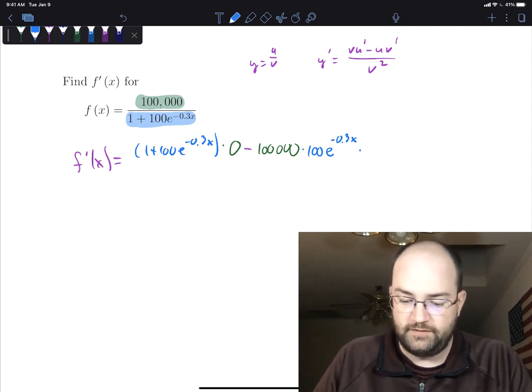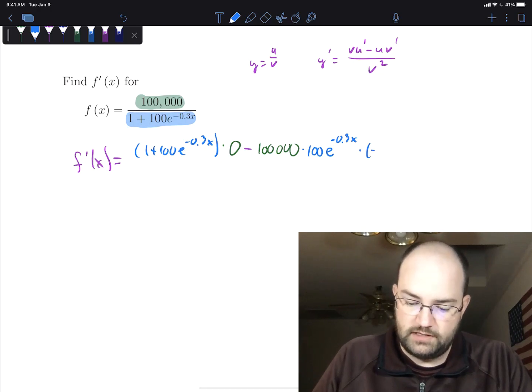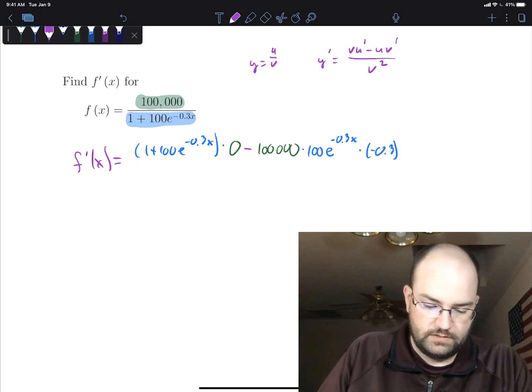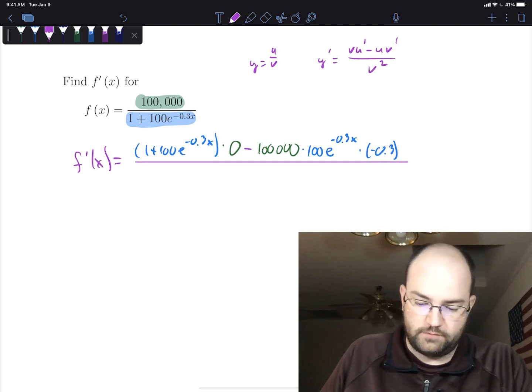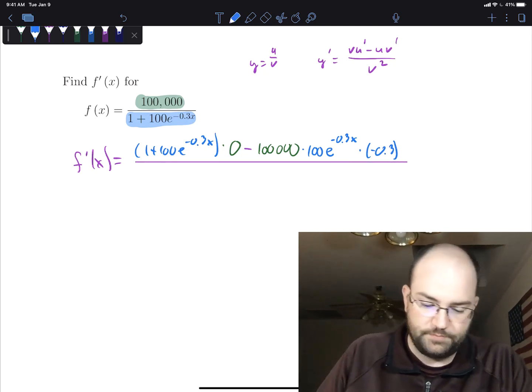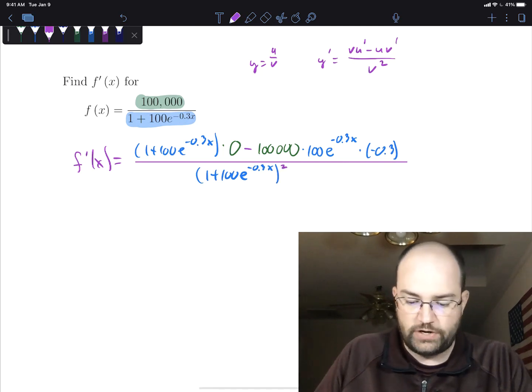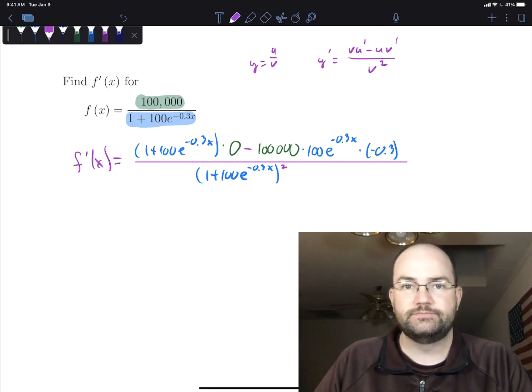The derivative of the exponent would be negative 0.3. Good. And then all over the bottom squared, so 1 plus 100 e to the negative 0.3x, all squared. Awesome. We just, frankly, did the derivative.